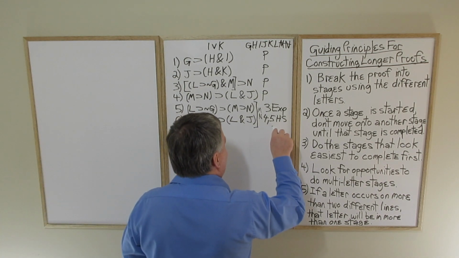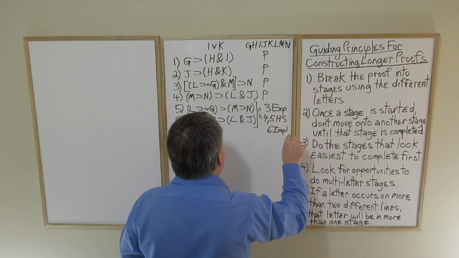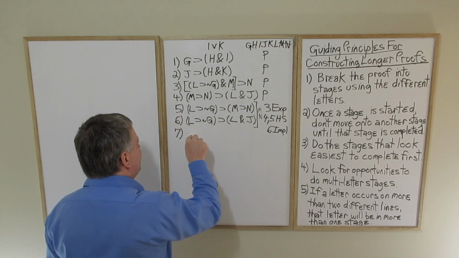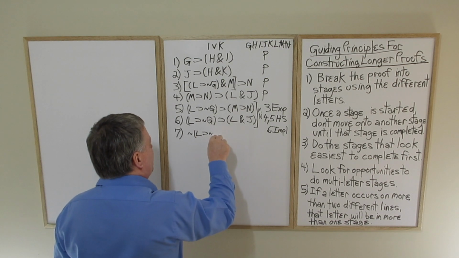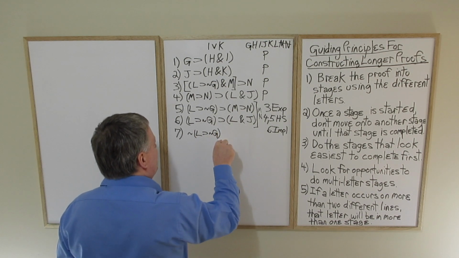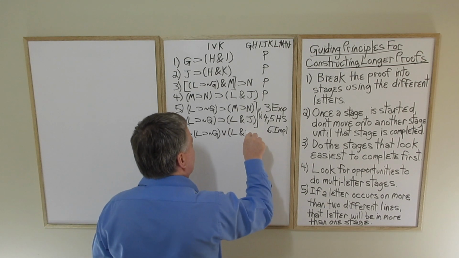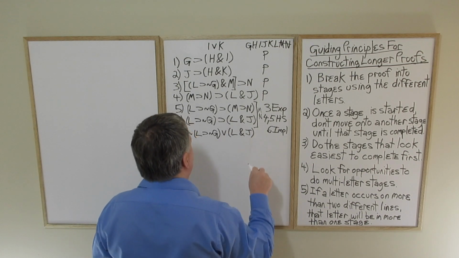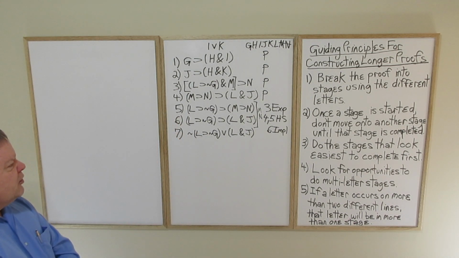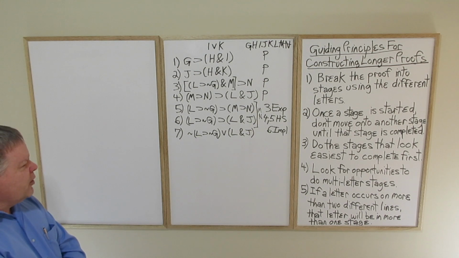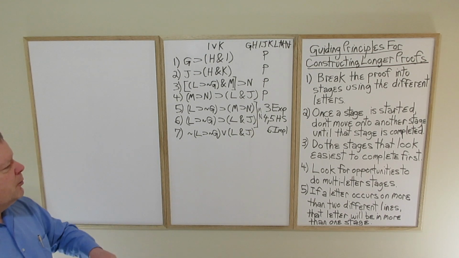So with that in mind, we start off 6 implication, which will give us tilde L horseshoe tilde G, or L and J. Now, with just one step, we've got the sentence in a form that we can do a distribution.